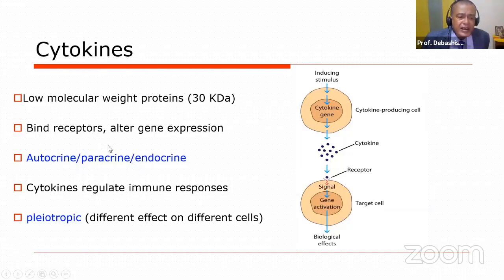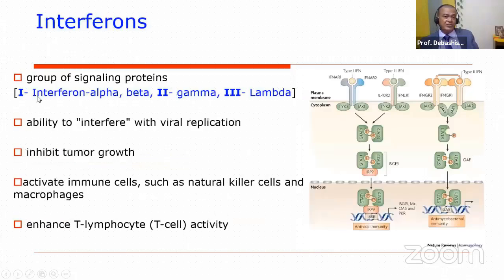They have paracrine action, on the surrounding cells, or endocrine action, a distant action through the bloodstream, so the molecule can have actions in other organs far away from the origin site. The cytokines regulate immune responses, and they are pleiotropic in action. They have different effects on different cells. So if you have to remember two factors about cytokines, they are very important: one is that they can be autocrine, paracrine or endocrine, and the other is that they are also pleiotropic.